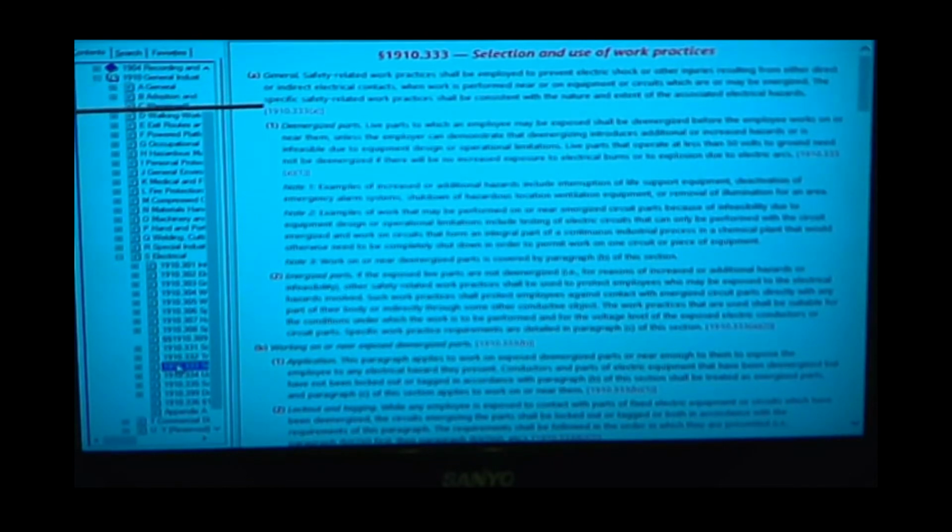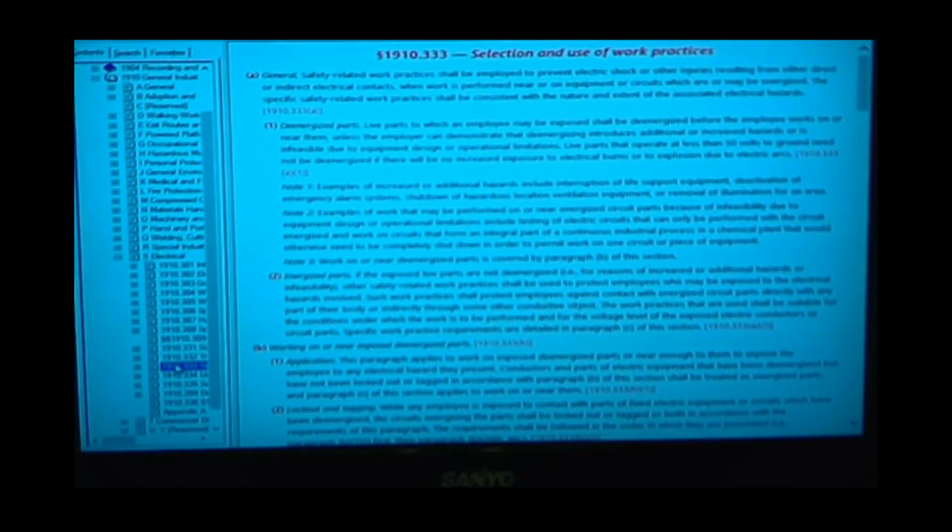The specific safety-related work practices shall be consistent with the nature and extent of the associated electrical hazards. This section of OSHA goes quite in depth on work practices. This is where you find things like lockout/tagout, minimum approach distances, the use of signage, the use of PPE. This gets into common work practices used throughout industry today.